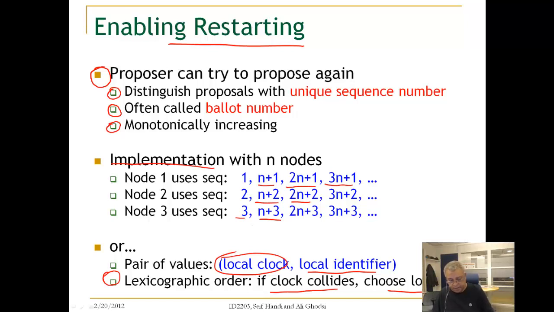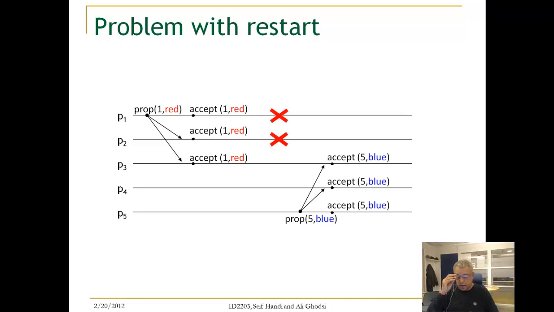So let us see an example, and we're going to see that we have a problem with this. Here is a situation where P1 proposes red with proposal number 1. This was accepted by 3 acceptors, so at this point there is some kind of majority for that.